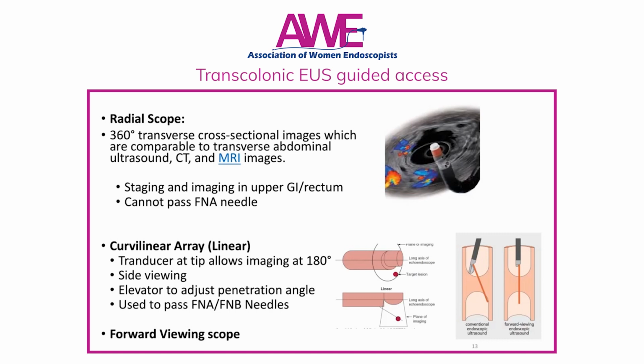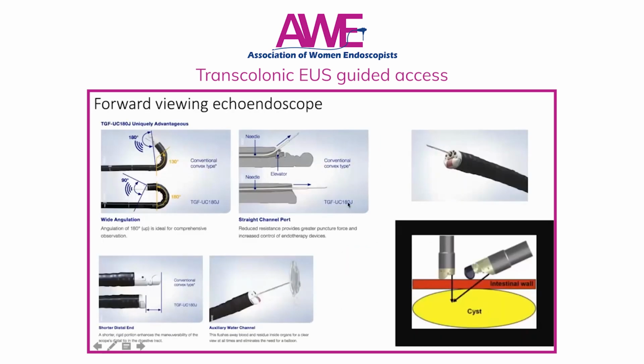And then we have the forward viewing scope, which I will show you in the next slide. The needle doesn't come out tangentially, but it is head on. So this is the forward viewing scope by Olympus, and you can see the difference between the forward viewing scope and the conventional linear scope.